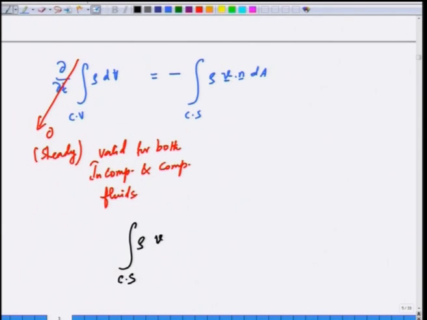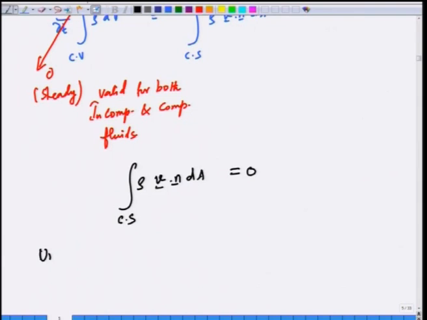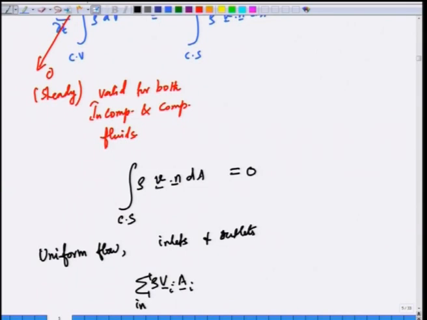So here the integral over CS is 0. Since rho is not a constant, we have to keep rho inside the integral. And if the flow is uniform and you assume inlets and outlets that are discrete in number, then you can write this as summation over rho I v I dot A I over all inlets is equal to summation over rho I v I dot A I over all outlets.